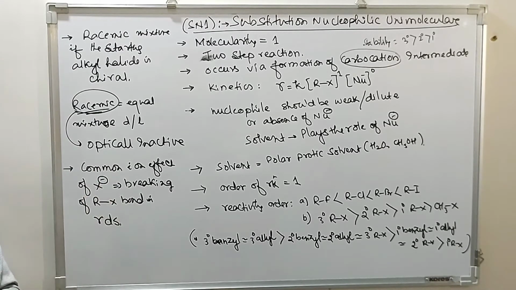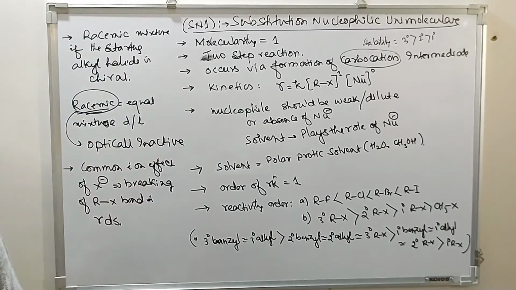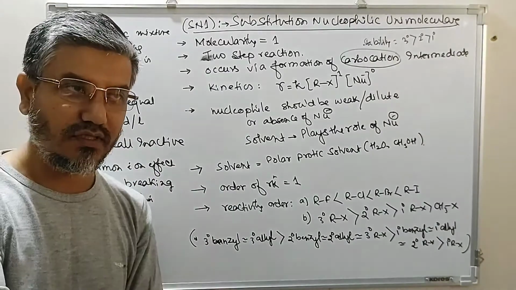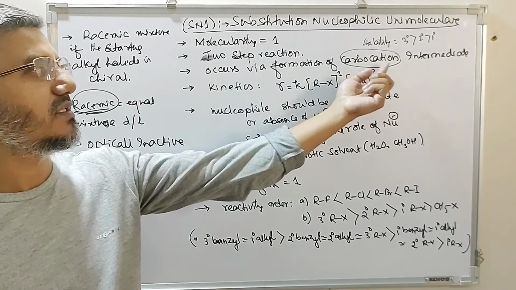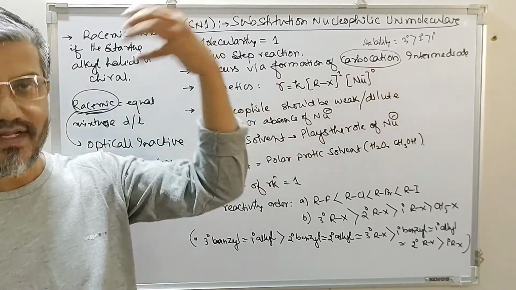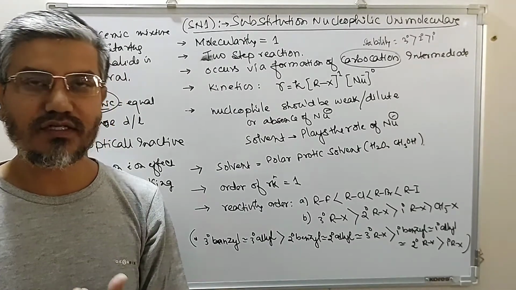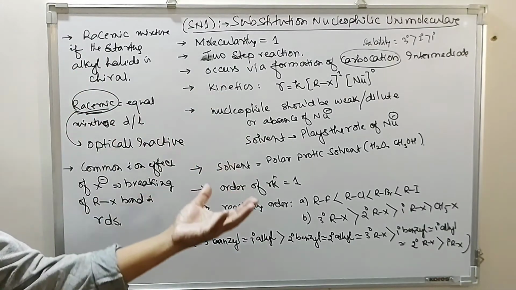In SN2, an increase in steric hindrance or crowding or increase in branching at the carbon bearing halogen decreases the SN2 reaction, whereas in the case of SN1, the branching at the carbon bearing halogen or steric crowding increases the rate of SN1 because that branching will increase the stability of carbocation, whereas in SN2 that branching increases the steric hindrance in the transition state, so reactivity decreases in the case of SN2, whereas in the case of SN1 the reactivity again increases.